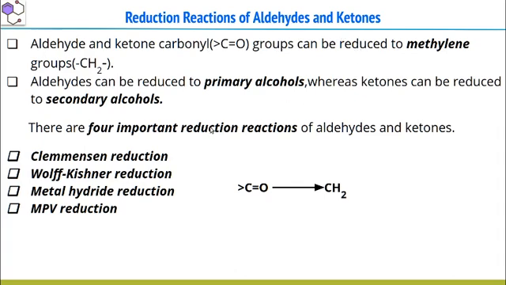Actually, there are a large number of reduction reactions of aldehydes and ketones. We can reduce them using different types of reagents and different types of catalysts. In this module, you have to learn four important reduction reactions. First one is Clemmensen reduction. Second one is Wolff-Kishner reduction.